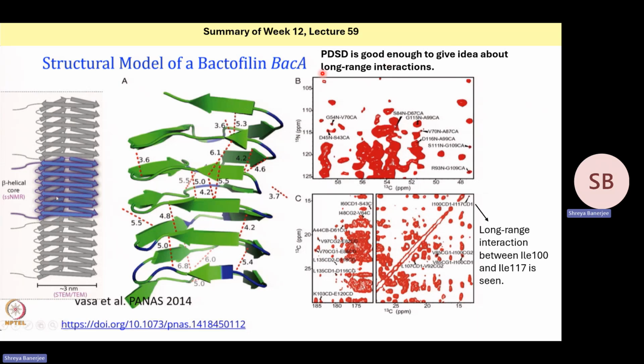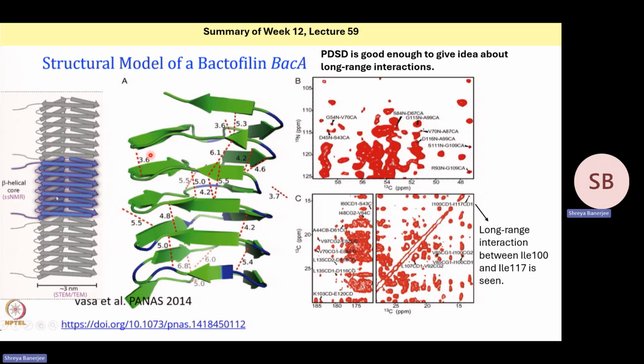And we just discussed that in PDSD, if we give the mixing time of 500 to 800 milliseconds, then we will get correlations between carbons that are near to each other in space. So you can see, suppose a carbon this that is connected by this dotted red line, these carbons are close to each other in space.